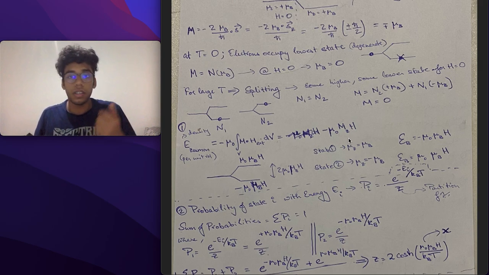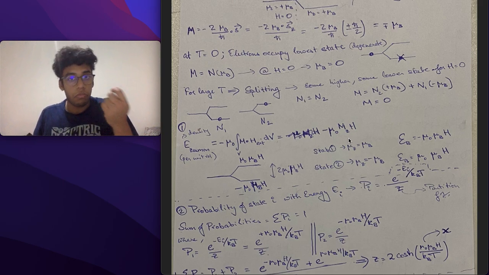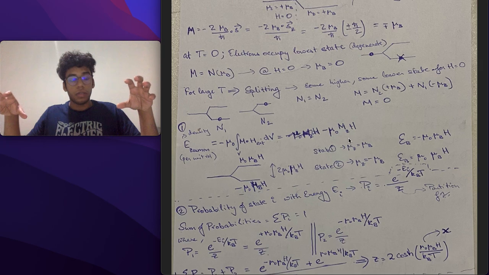The masses are the same, the electric charges are the same, everything else is the same, so they are nearly identical. So we say that the number of electrons with spin up and the number of electrons with spin down is essentially the same across the assembly.